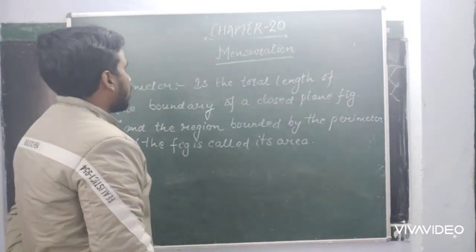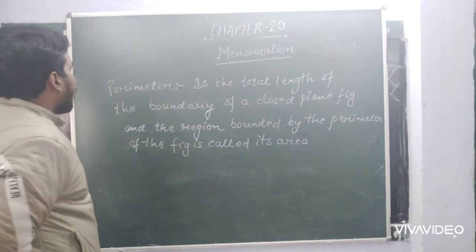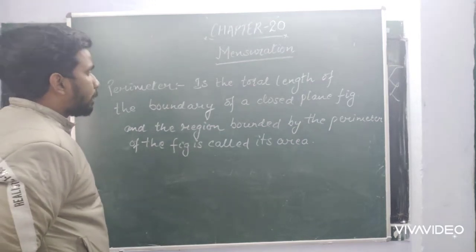Okay. So what is the perimeter? It is the total length of the boundary of a closed plane figure.